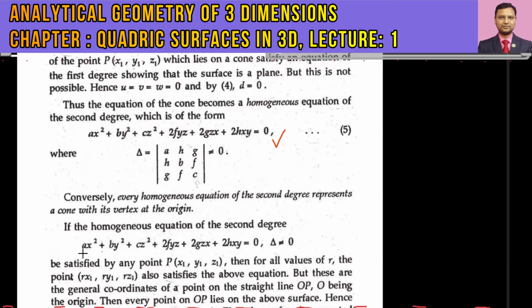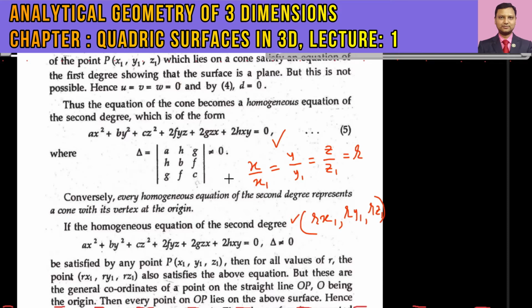If you consider this type of equation with delta not equal to 0, then for any point like r x1, r y1, r z1, these are actually points on the generator. What was the equation of the generator as per this book? x by x1 equal to y by y1 equal to z by z1, that is equal to r. So this is any arbitrary point on this type of straight line.